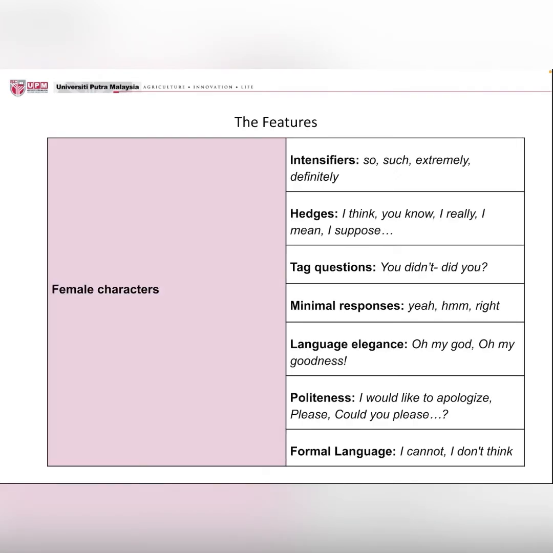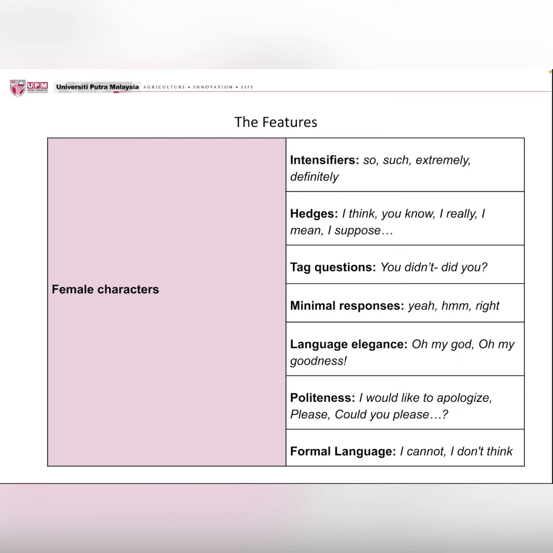For female, first is intensifiers. They love to use so, such, extremely, definitely. This is based on the article from Wahyuningsih. Second, they love to use hedges, like I think, you know, I really, I mean, I suppose.